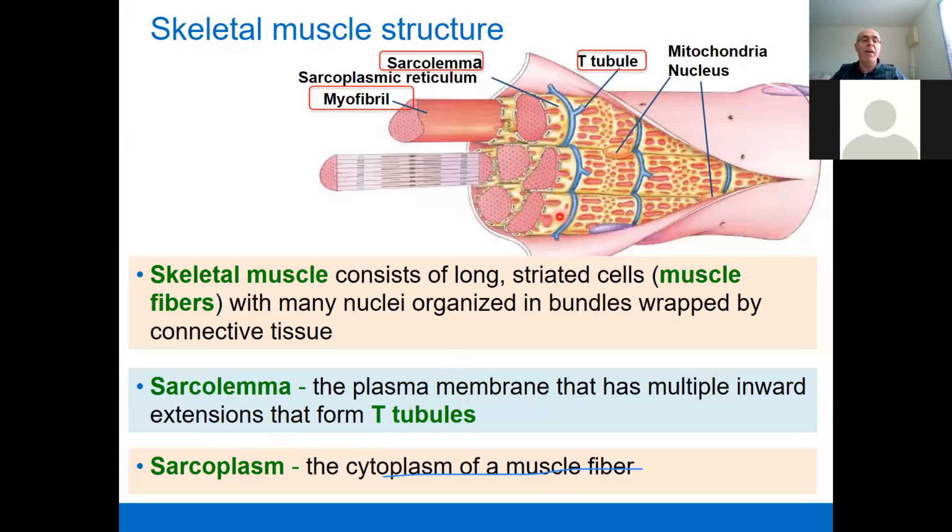We also have the sarcoplasm. The sarcoplasm is the cytoplasm of the muscle fibers. The sarcolemma is the plasma membrane of the myofibril. The sarcoplasm is the cytoplasm of the muscle fiber.